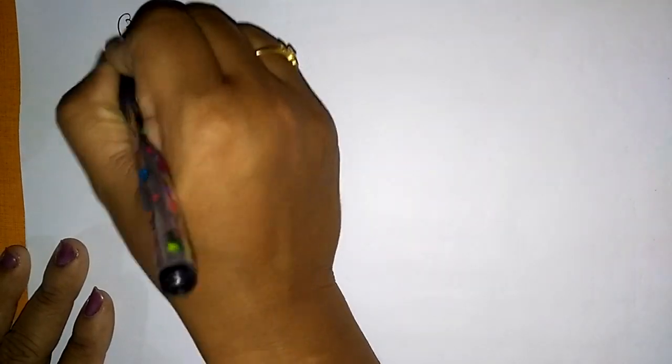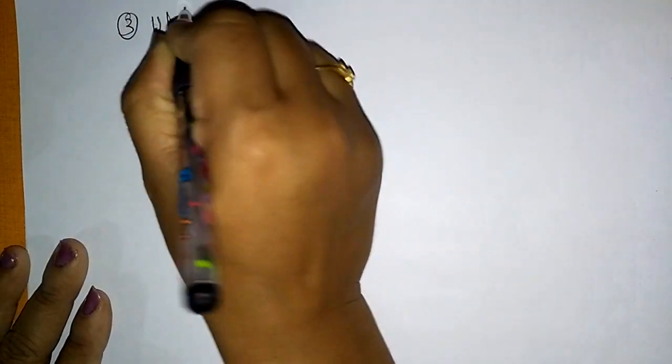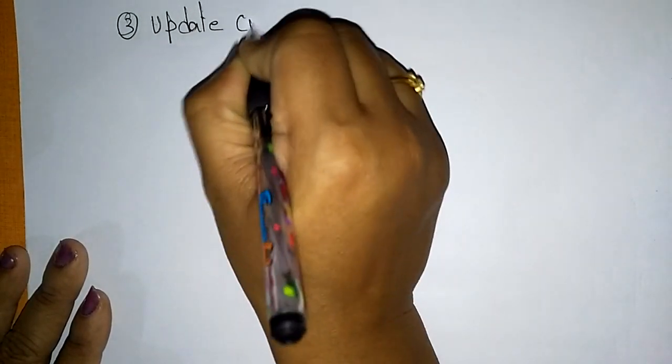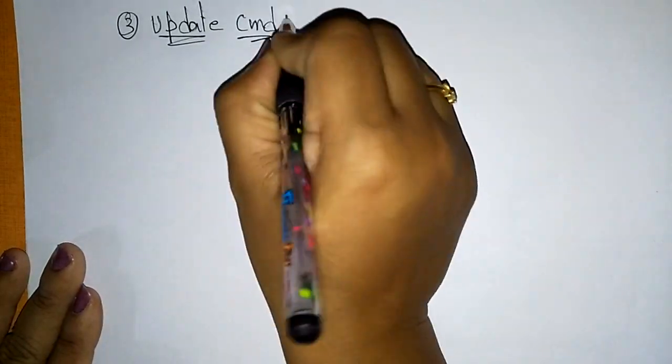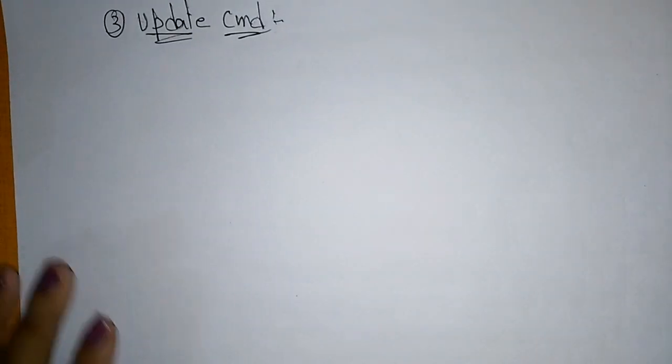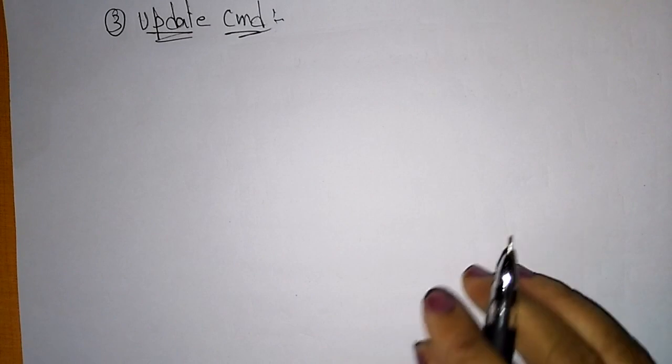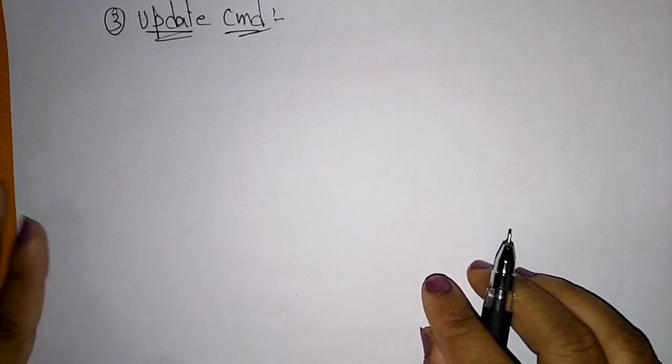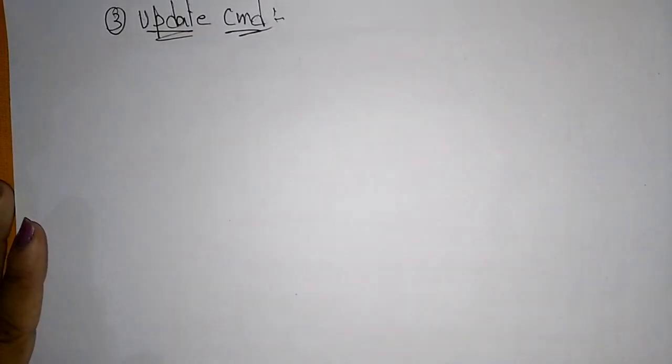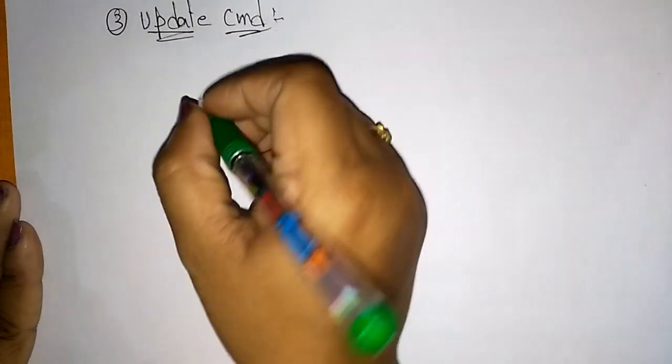Now let us see the next command. The next command is the update command. So we have seen the select command and the insert command, and coming to the next data manipulation language command, that is update. What will this update command do?